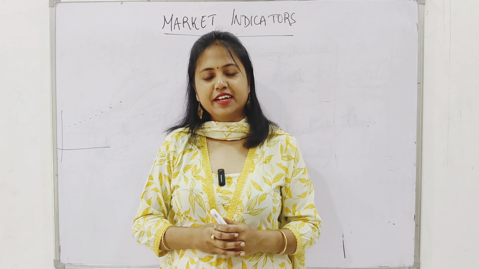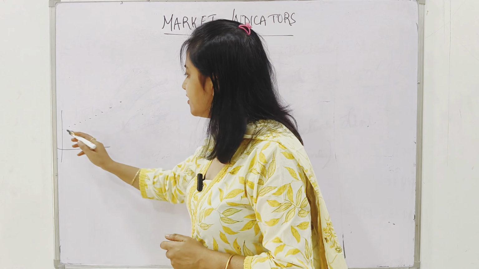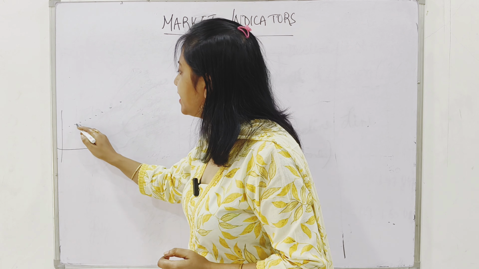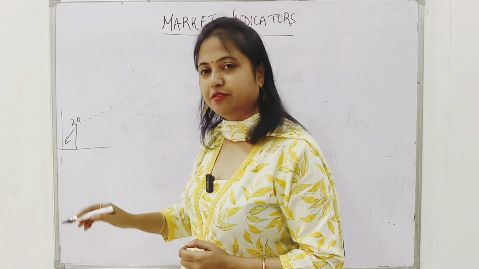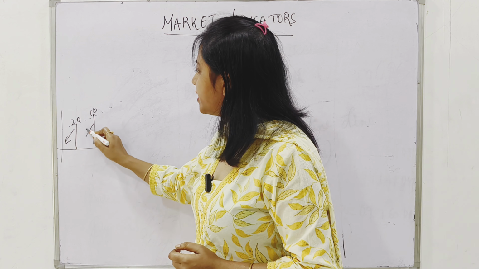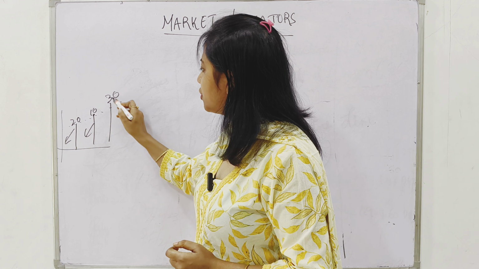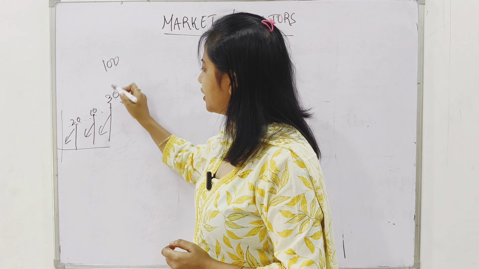Just take it this way, that if we have 50 stocks and we see that there is a positive rise, it could be that there are 20 stocks which have actually shown a negative. There could be another 10 stocks which have shown negative, then 30, 40, 50. Okay, suppose we have 100 stocks here.